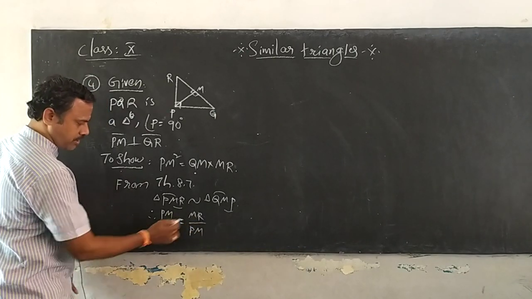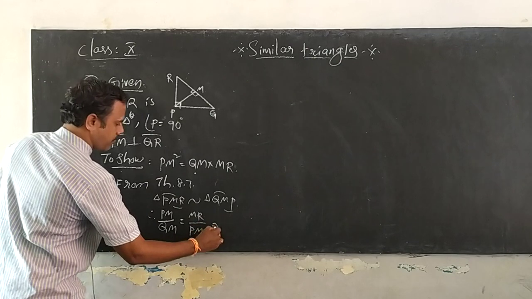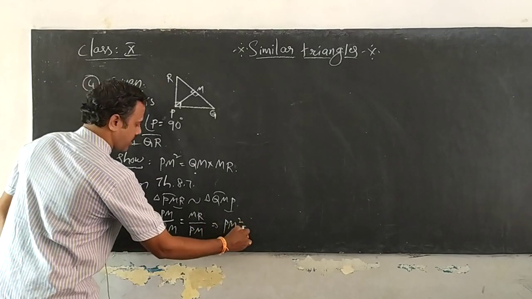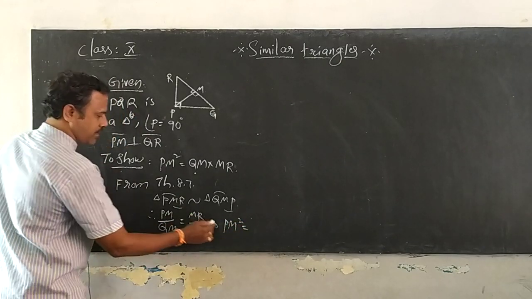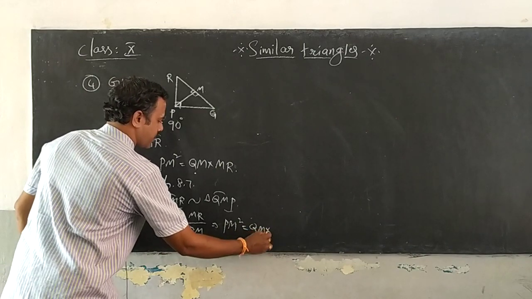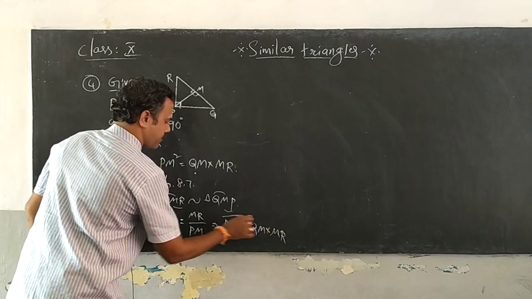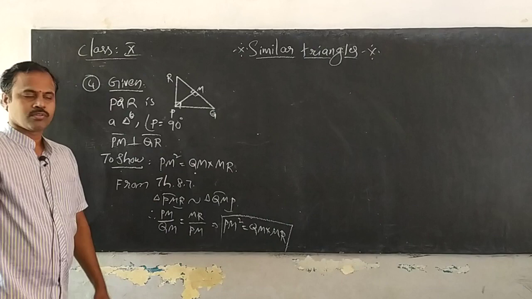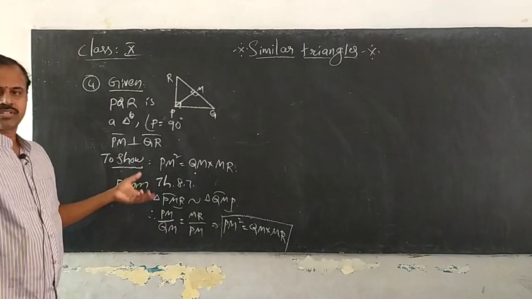Now make the cross multiplication: PM into PM, it becomes PM square is equal to QM into MR. Did you understand? We complete our proof. It's very, very simple.